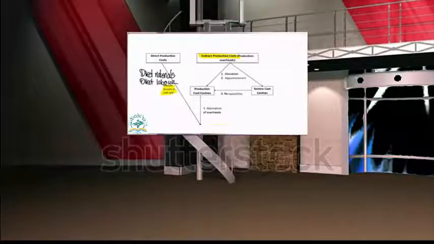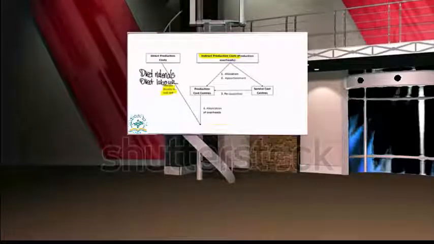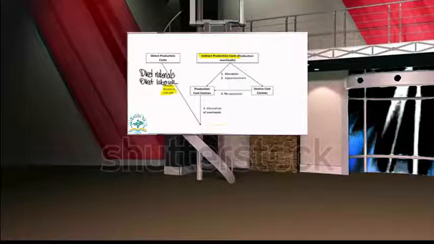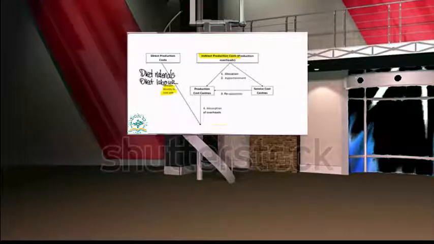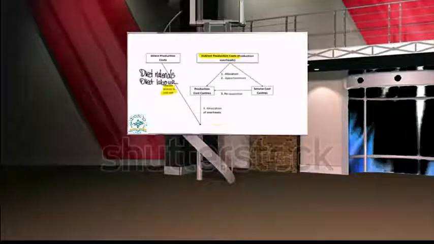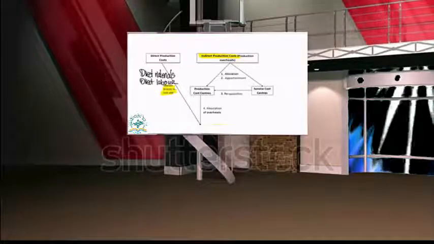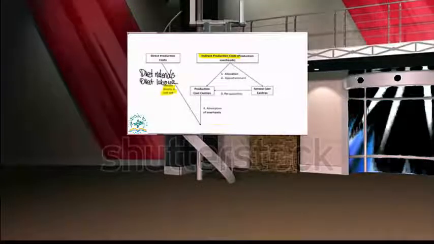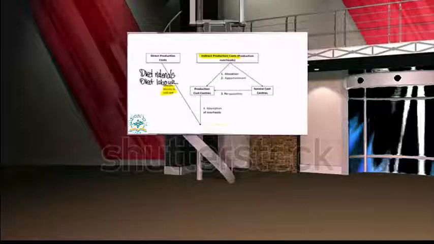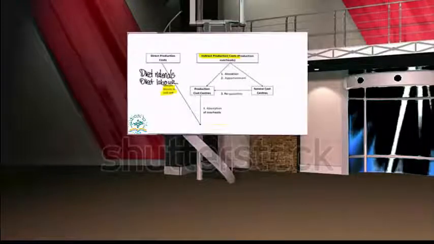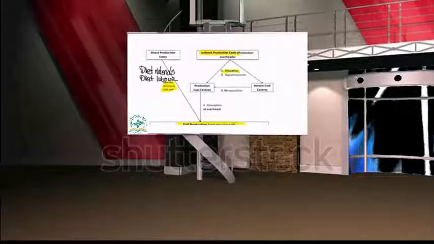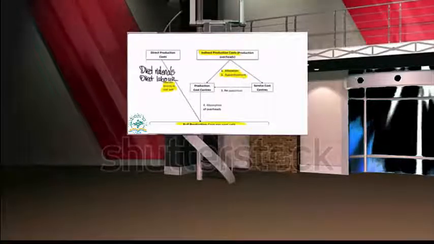So instead we just follow a number of steps which help us make a reasonable estimate of what our production overhead cost per unit is. There are 4 steps. We're going to go through each one in detail and what the calculations are involved in each one. But just to give us a broad overview of what we're going to do, we can have a look. We see that our first 2 steps are allocation and apportionment.